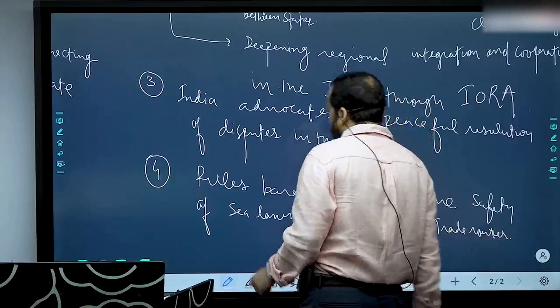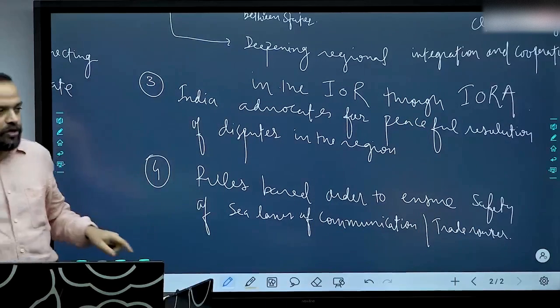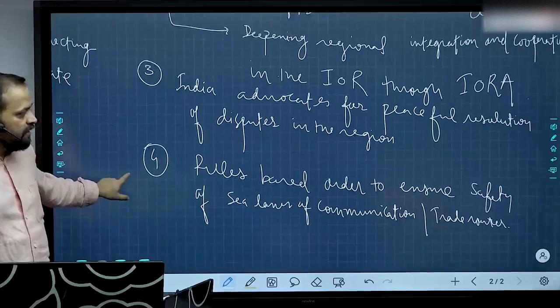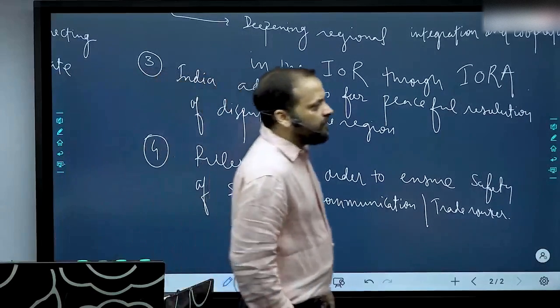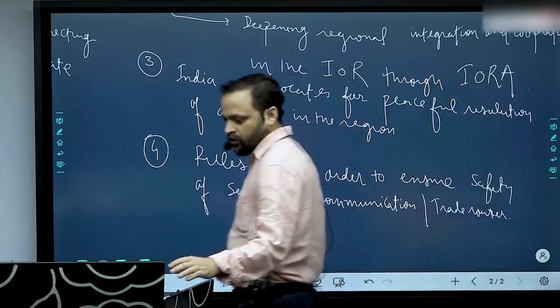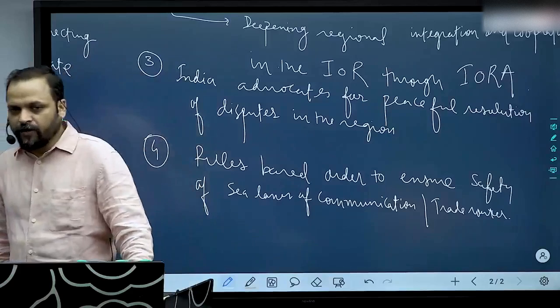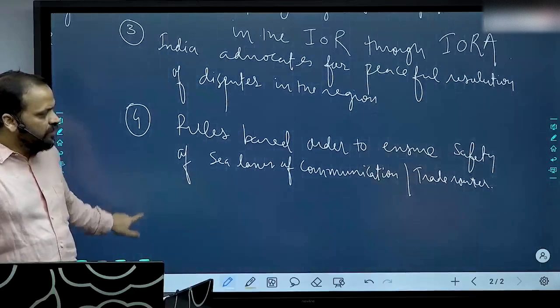So there are certain fundamental freedoms which are available to all countries in the ocean, because the ocean is not controlled by any single country. So India says, such being the case, the region would become stable if countries adopt peaceful ways of resolving their disputes, and the region would become stable if countries adopt a rules-based way of doing so, and also a rules-based way of governing how they use sea lanes of communication or trade routes.